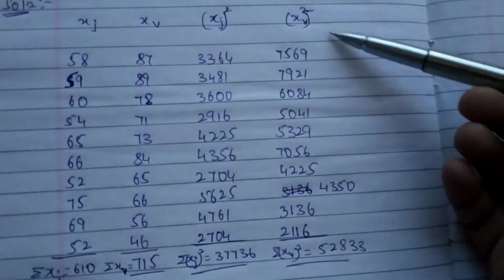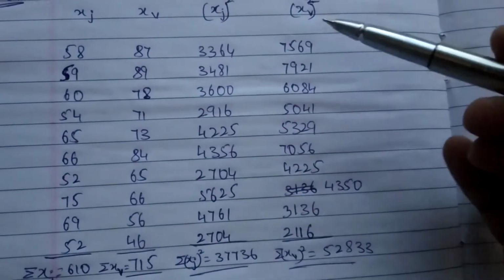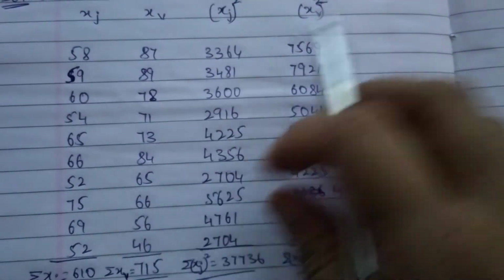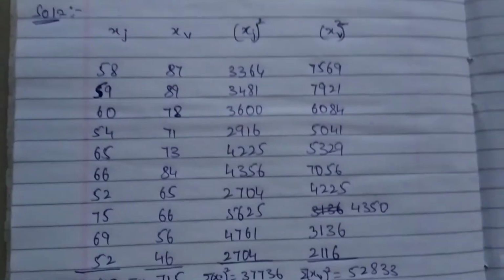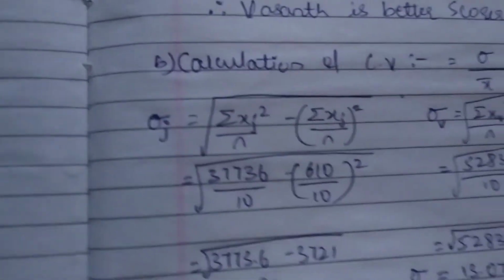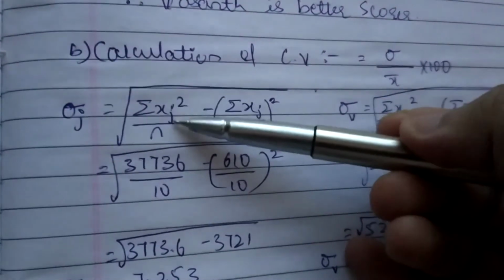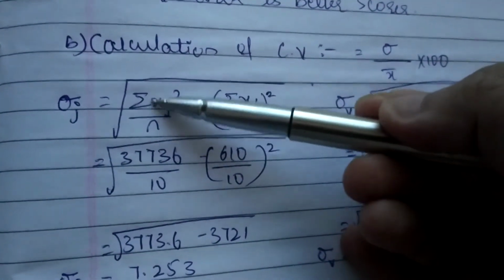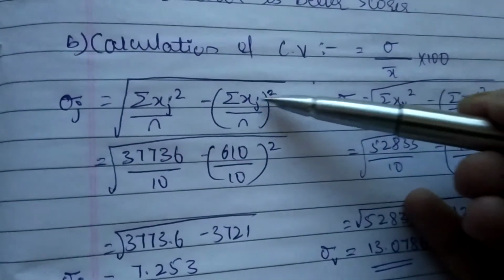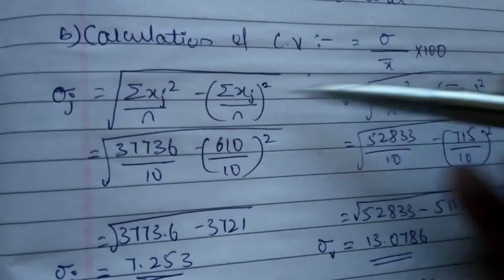Here I have taken the other method of standard deviation. As I said, I'll be doing both formulas. So here I have taken this formula of standard deviation: square root of sum of x square divided by n minus (sum of x divided by n) whole square.